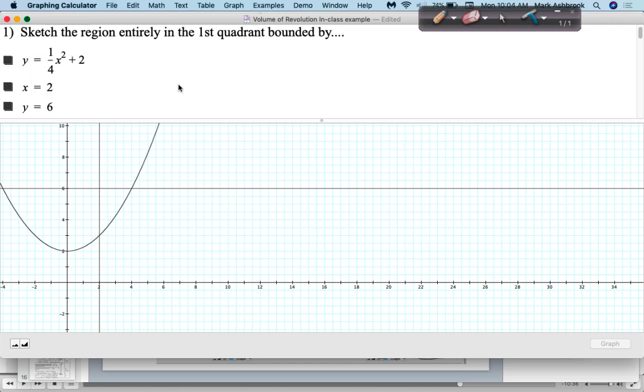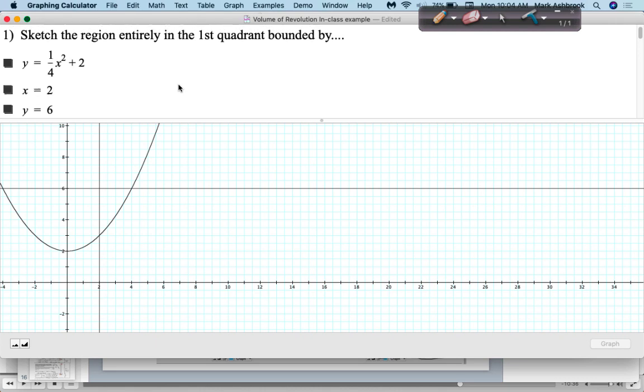So, what's the region we're talking about? What's the region that we're talking about? So is it this? How would it be this if you also had what? Y equals 0? X equals 0, right? The y-axis.